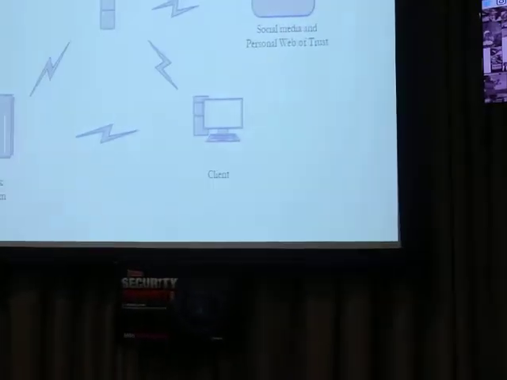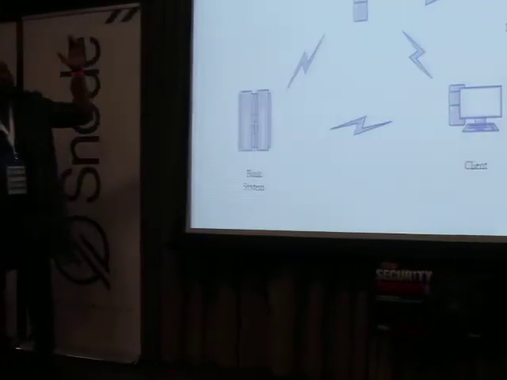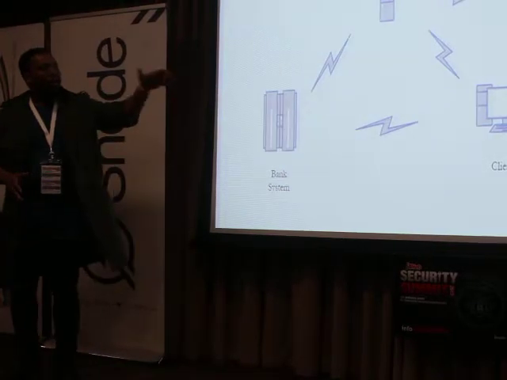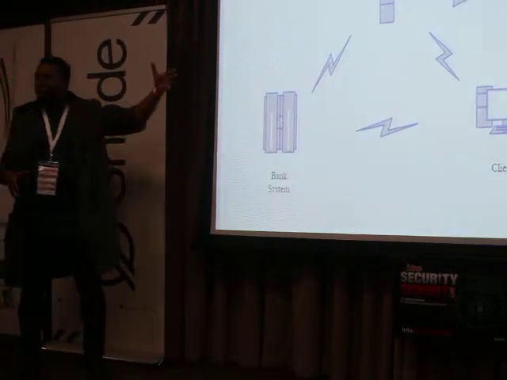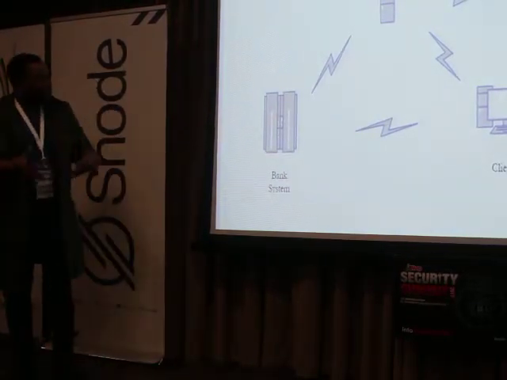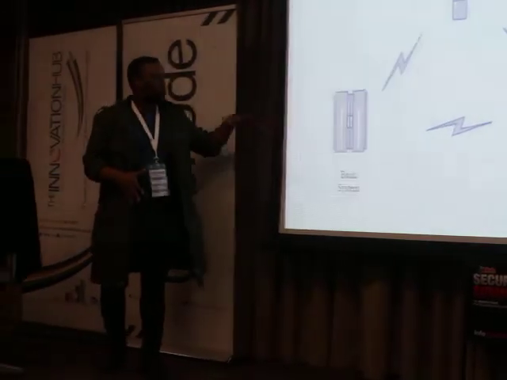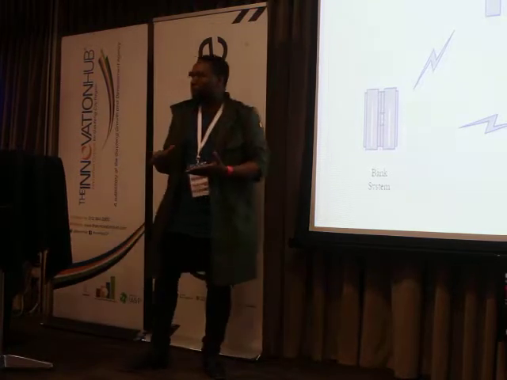So the architecture: you have a client, which is an X client. The client can be a mobile phone, a desktop computer, a tablet, etc. Then you have the banking system. Then you have the AI API. Then you have your social media account sitting on the web. So what happens is, we want to relieve the stress of the banking systems, so to touch them as minimally as possible.